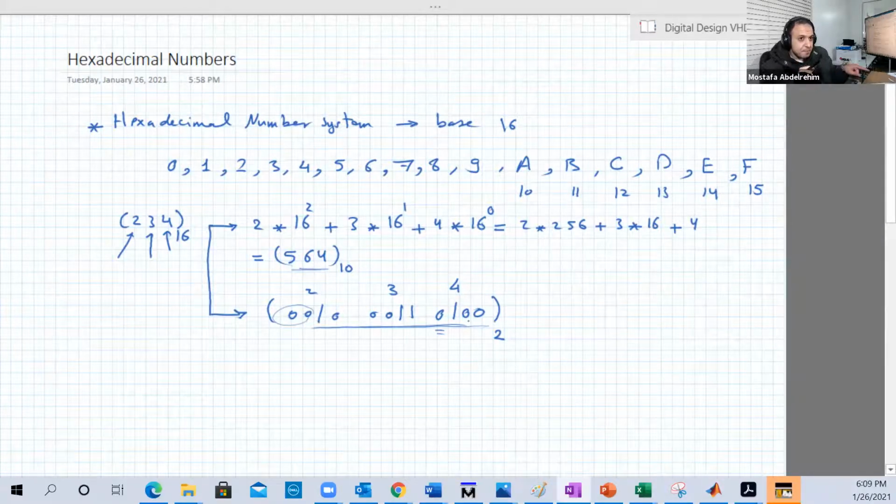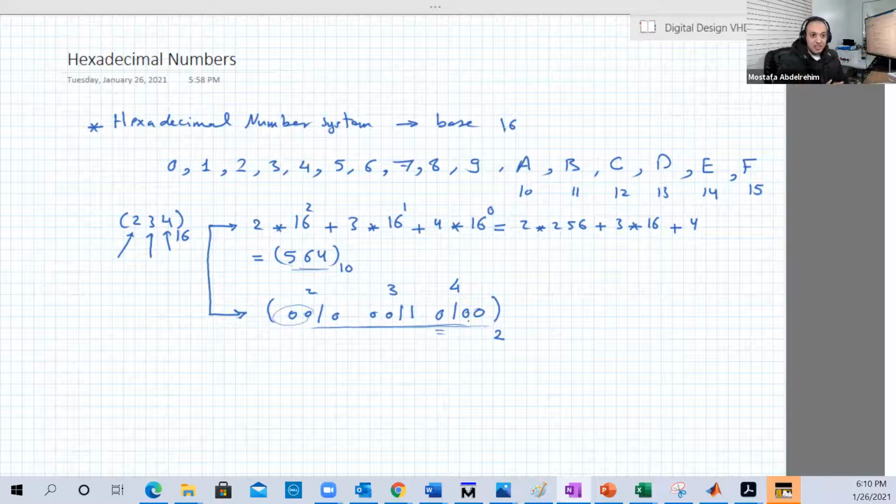So hexadecimal and decimal are compact forms compared to binary. But hexadecimal has one extra advantage: it's very easy to convert a hexadecimal number to binary and vice versa. If you want to convert a binary number to hexadecimal, you just divide it into groups of 4, then convert each 4 bits to its representing digit in hexadecimal.